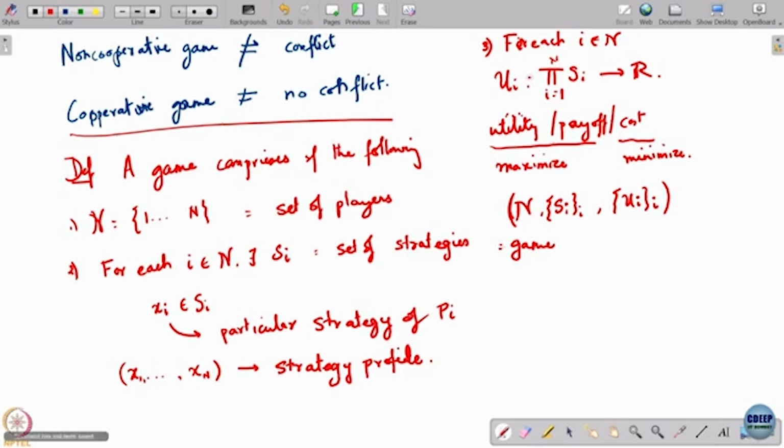Because we are focusing on non-cooperative games, I am going to assume implicitly that there is basically no communication being allowed between the players. Okay. So, this is a non-cooperative game with this set of players, this set of strategies, and these payoff functions. Is this clear?